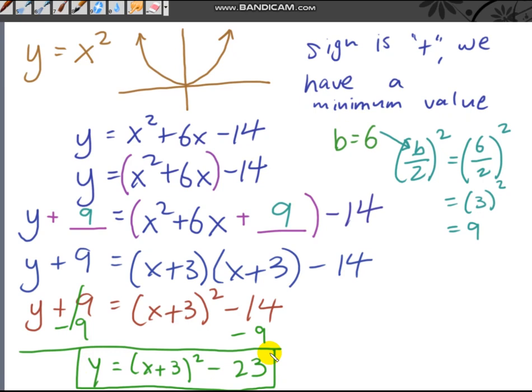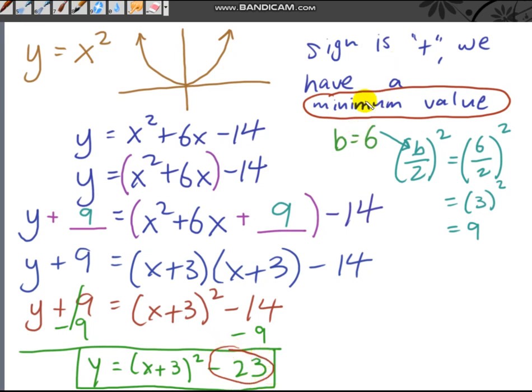Okay? Now, in order to find our minimum value, so you see here, if you have a parabola, if the sign is positive, as you look here, we're going to have a minimum value. And that minimum value is basically determined by just looking at the number on the outside.